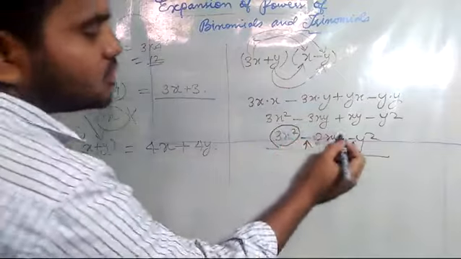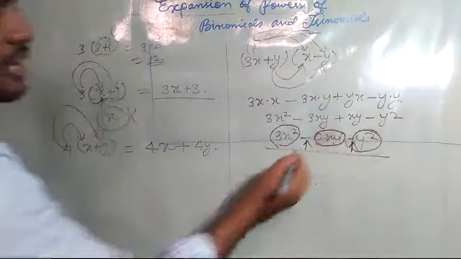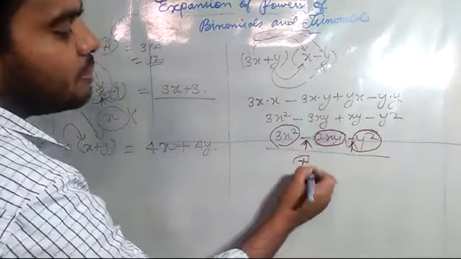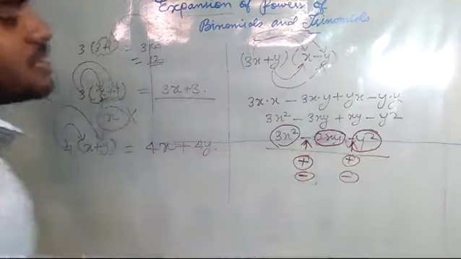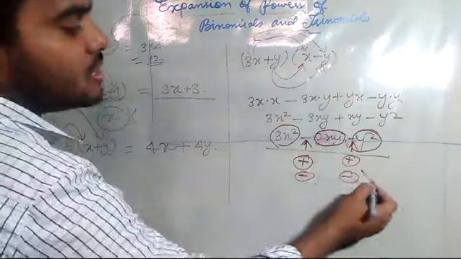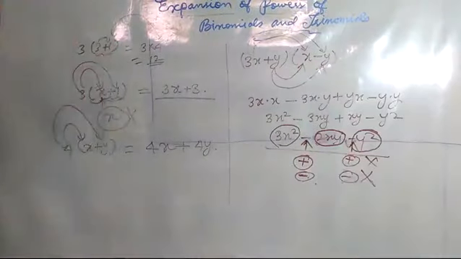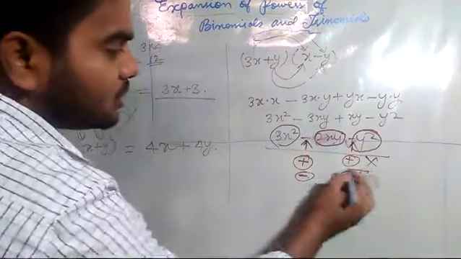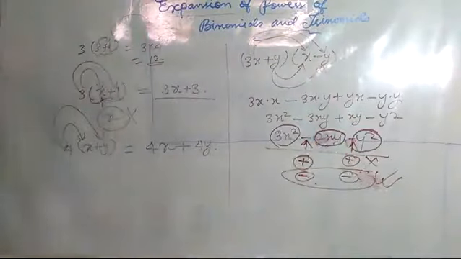They will write this also correct, this they will write correct, this also they will write correct. But here they make mistakes. Some of them may write plus, some of them may write minus. If you write plus and minus, your answer will be wrong. If you write minus plus, then also your answer will be wrong. If you write both the sign as minus in this case, then only you will get full marks and your solution will be correct.